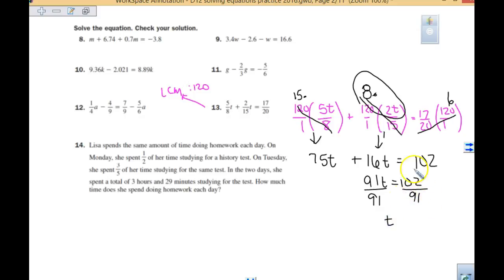You can leave it like this. You don't need to change it to a mixed number. 102 over 91, they have nothing in common that can probably divide into both of those. The only thing you would maybe be doing is rewriting it as 1 and then taking 102 minus 91, which gives us 11 over 91. This was the mixed number they had, but you can stop right here.